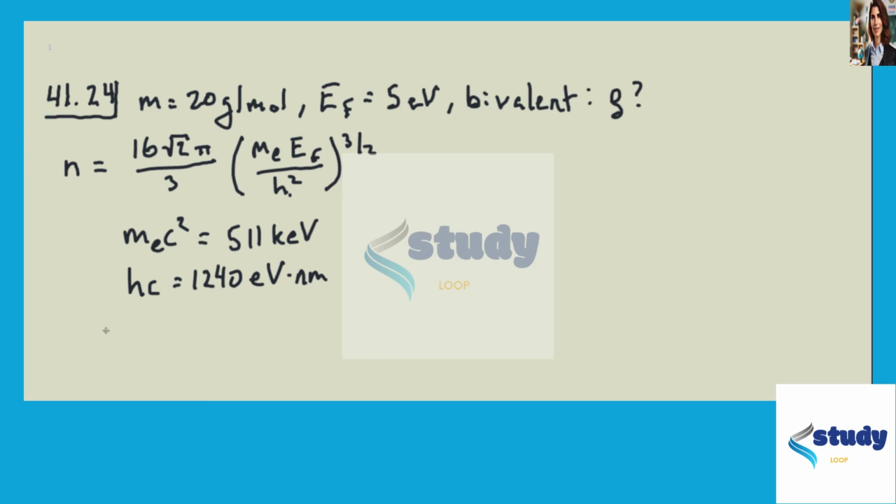So if you were to rewrite this as MEC squared EF over HC squared, you can save yourself some having to go look things up, just because there are these numbers that are so common that you end up just remembering them if you do problems this way.